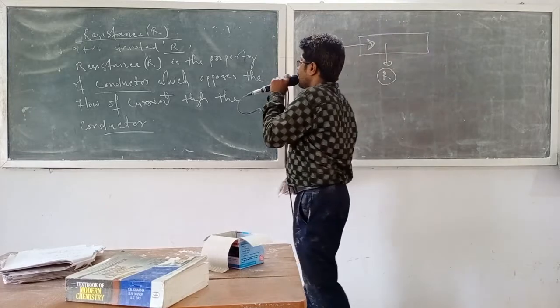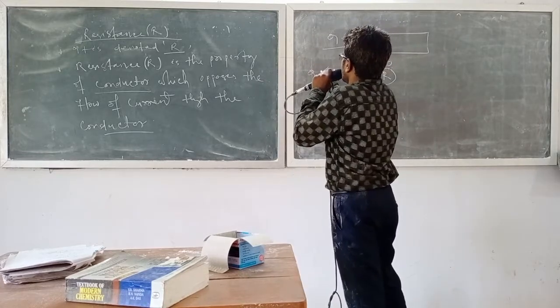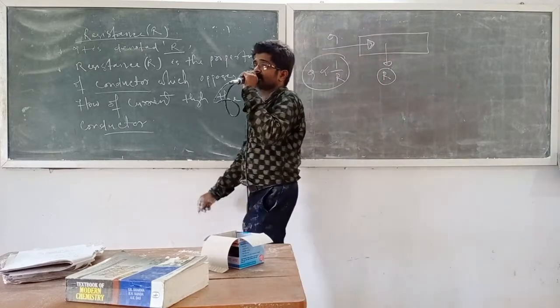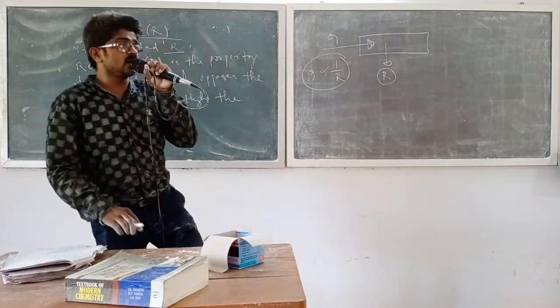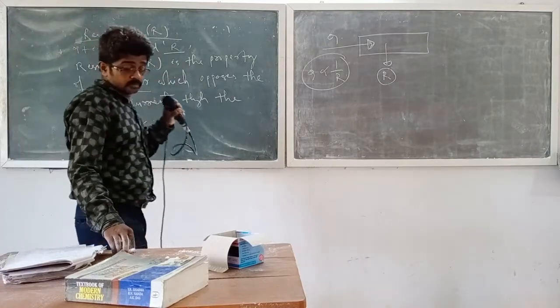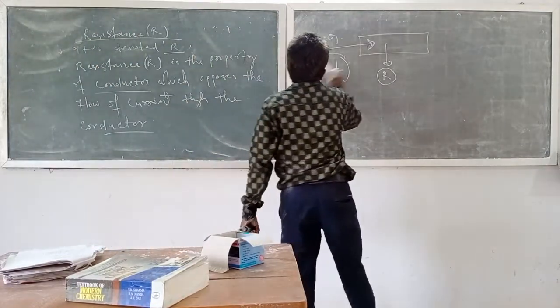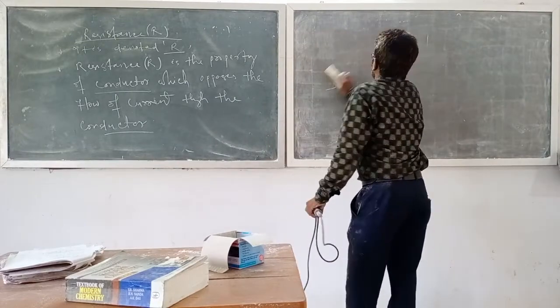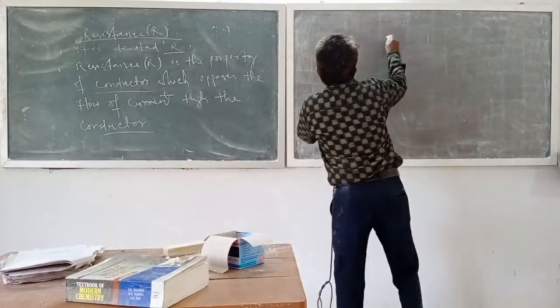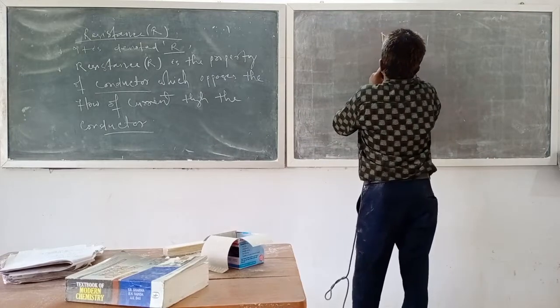So I is inversely proportional to R. That means if the resistance of the conductor increases, then the flow of the current decreases. Okay. Suppose I take a conductor like this.